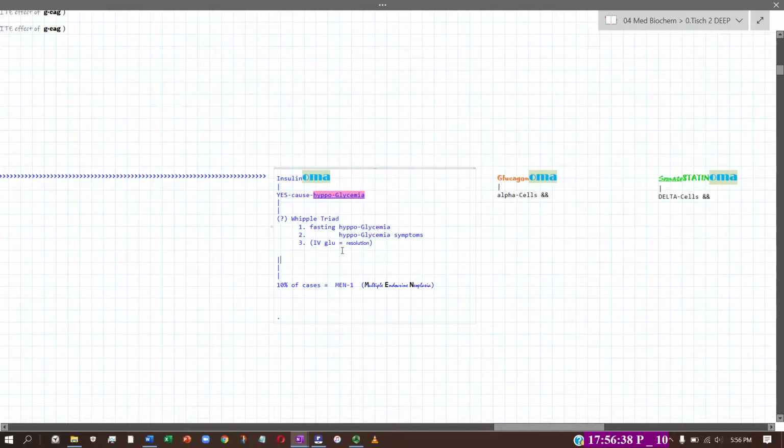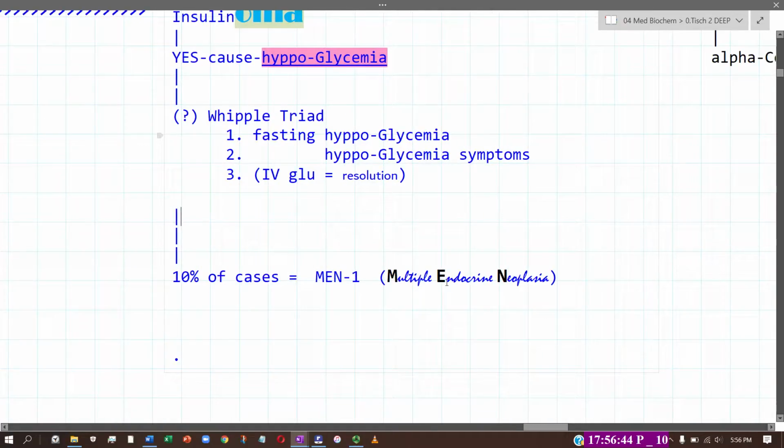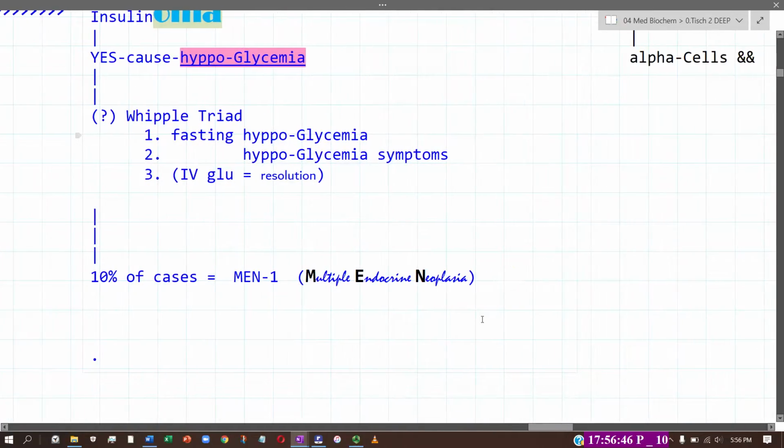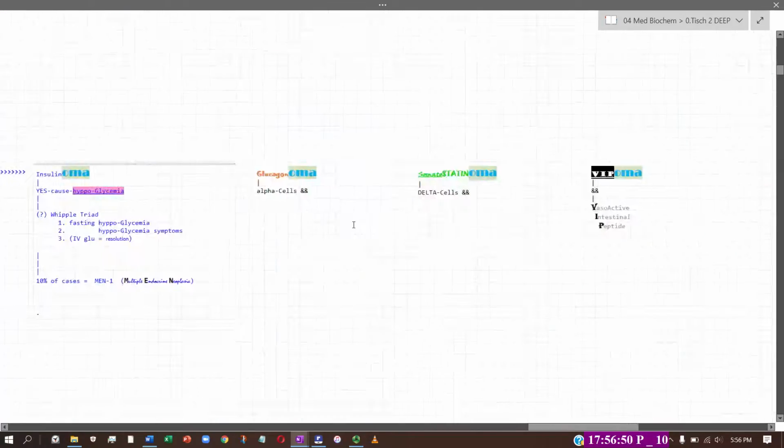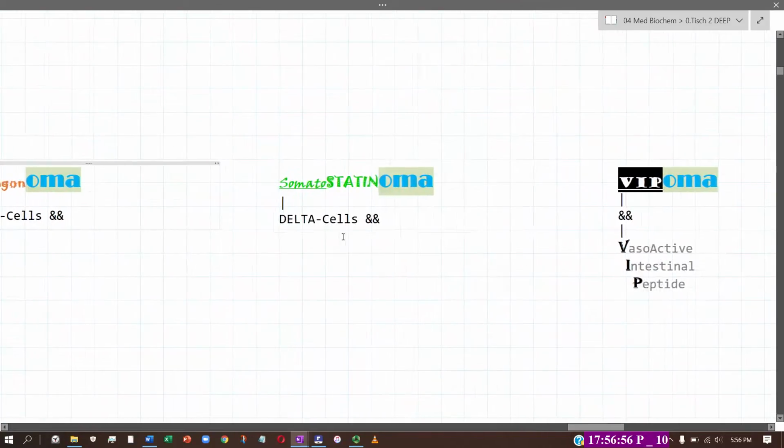And 10% of the cases are related to something called MEN1, which stands for multiple endocrine neoplasia. Moving on to glucagonoma, it's related to alpha cells. Okay, good enough. Let's move on.